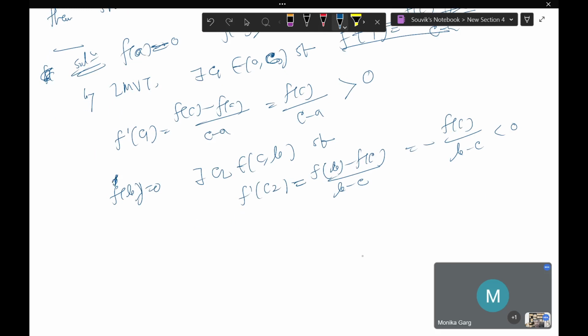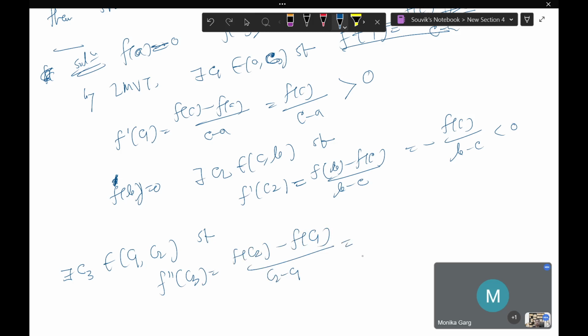Now, by the Lagrange mean value theorem, there exist c1 and c2 such that f''(c3) is equal to f'(c2) minus f'(c1) by c2 minus c1. So this is what? f'(c2) is less than 0 and f'(c1) is greater than 0. So anyway, this whole thing is less than 0, correct?